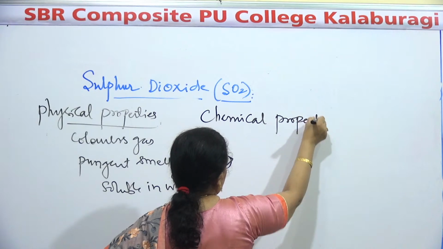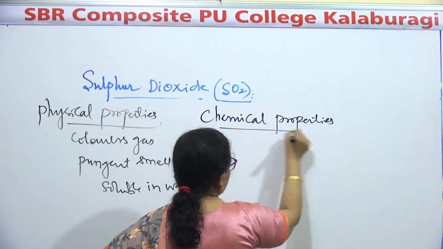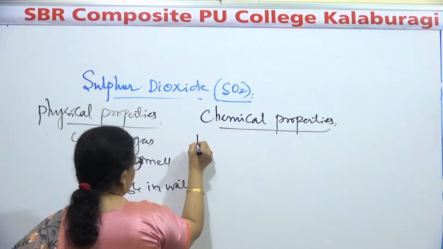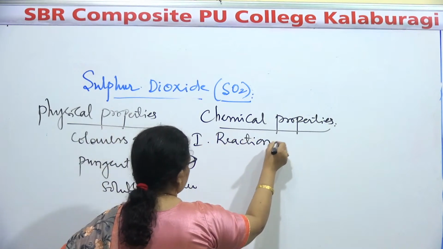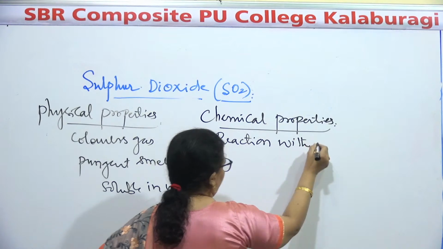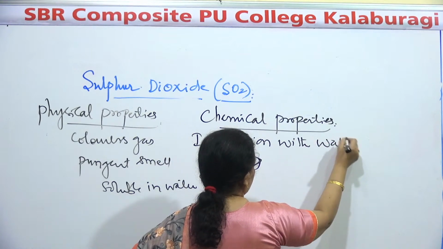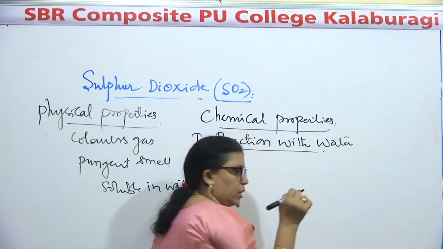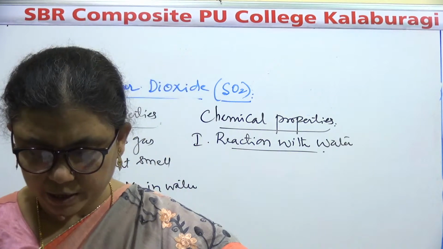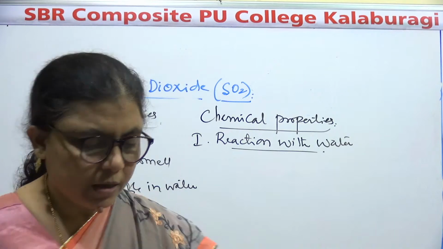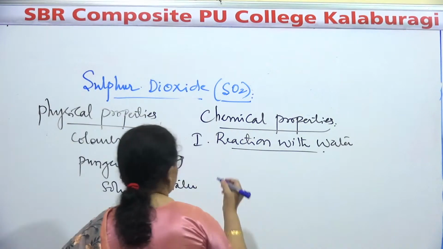Chemical properties. First, reaction with water. When sulfur dioxide reacts with water, it produces what, children? Sulfurous acid.